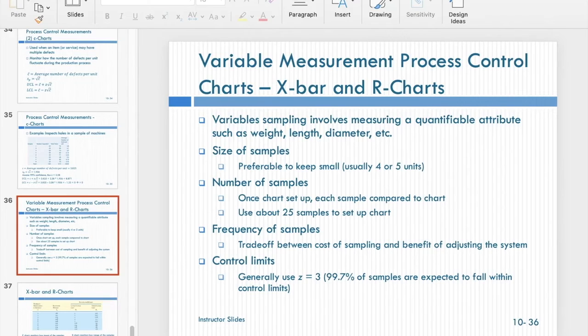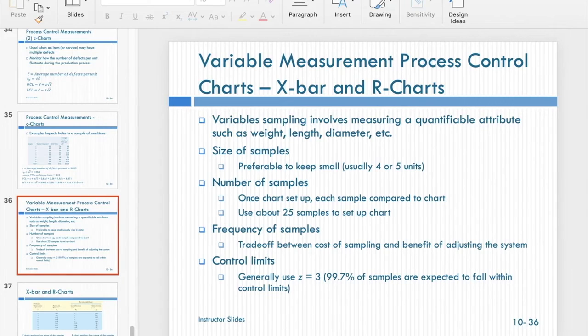X bar corresponds to the mean of your sample. The R chart corresponds to the range of your sample.